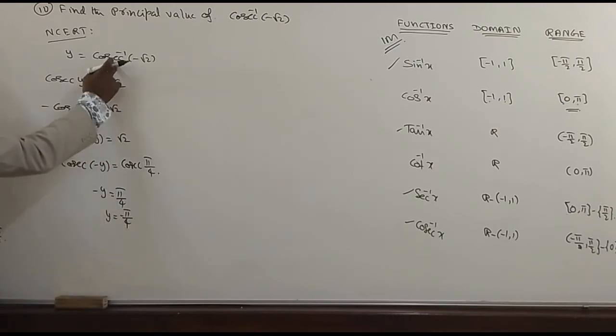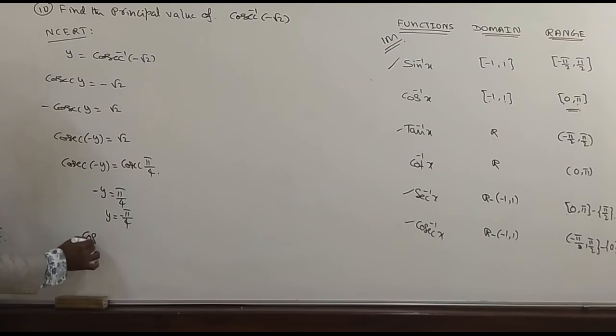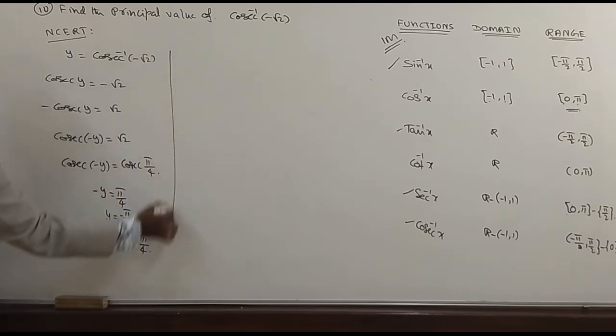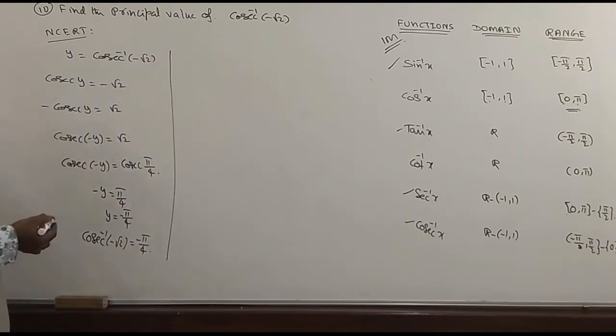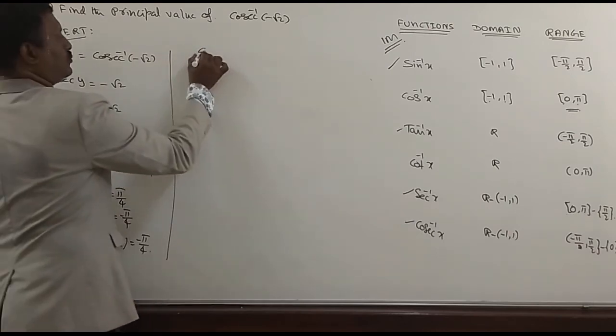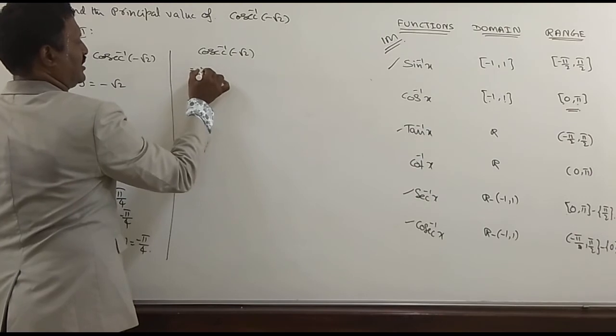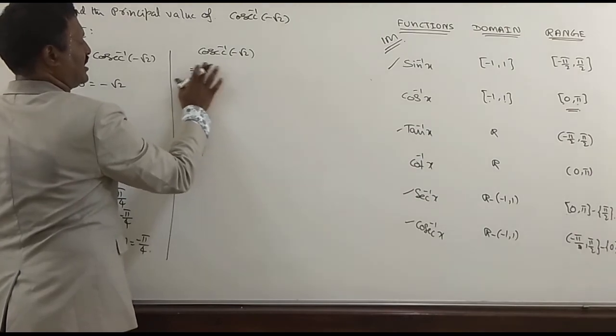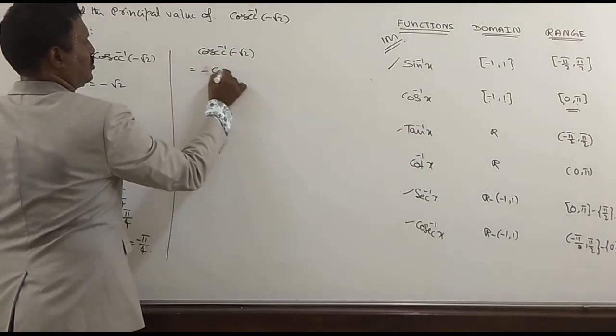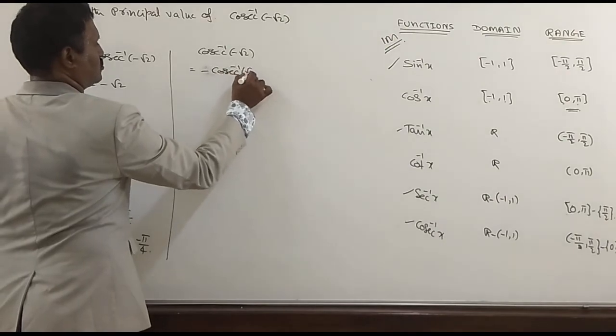Now what is y value here? Cosecant inverse of minus root 2 is equal to minus pi by 4 we can write. This is from textbook method. Then directly how to solve? Cosecant inverse of minus root 2. We can write it as minus cosecant inverse root 2.